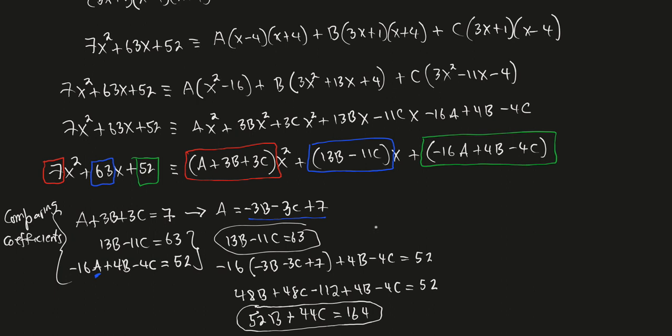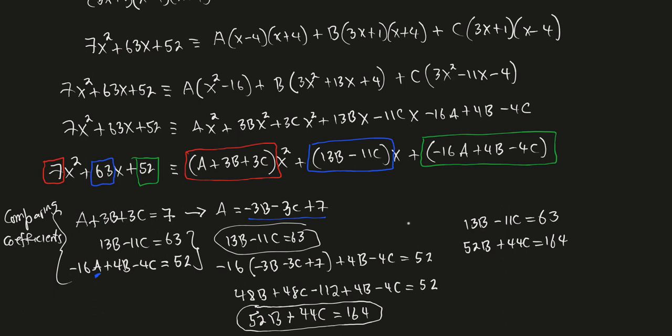Okay, so let me write these two together and see if we can figure this out. So if we have 13b minus 11c is equal to 63, and then down here if I have 52b plus 44c is equal to 164.